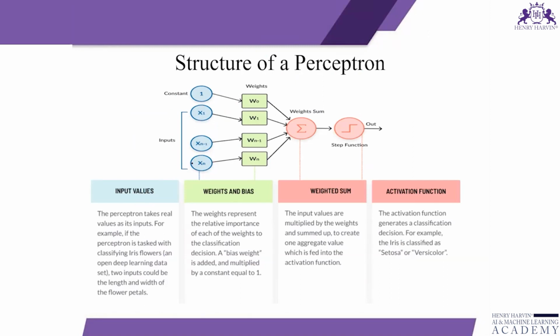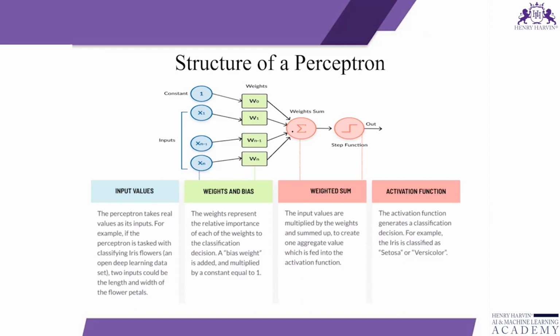These are called inputs. You can see the number one over here, which is nothing but a constant, right? And then you can see weights, represented as W0, W1, W2 up to Wn.